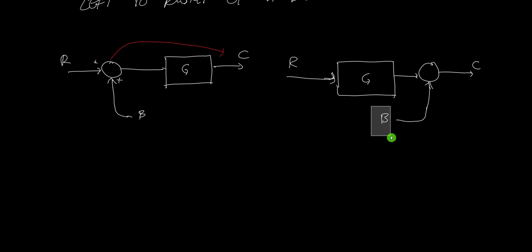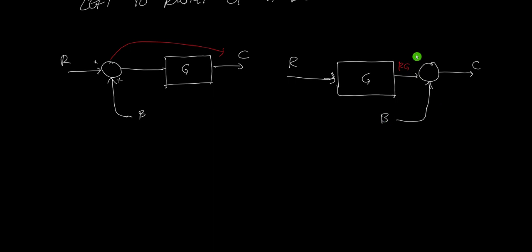But this one here will not be equal to C, because this is B. The output here now is R times G. Then if you add it with B, that will not be equal to C. Why?